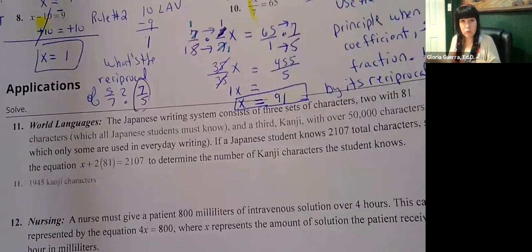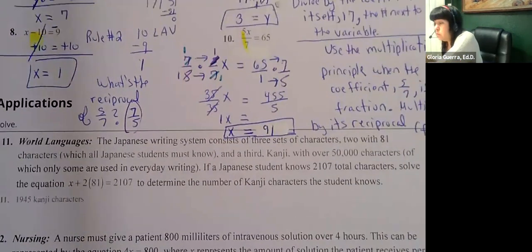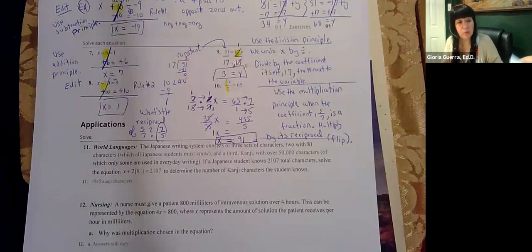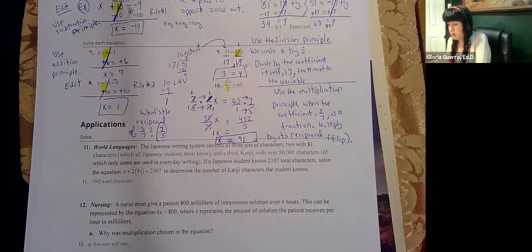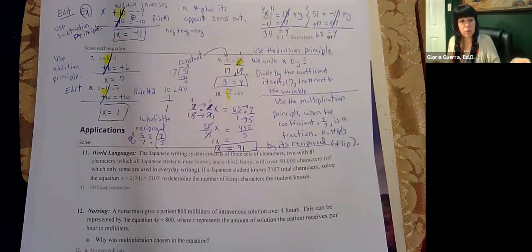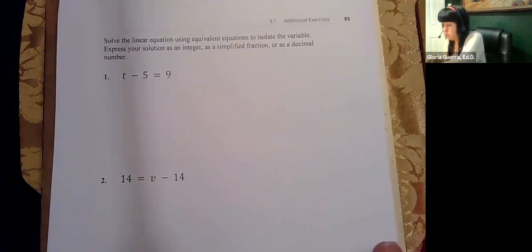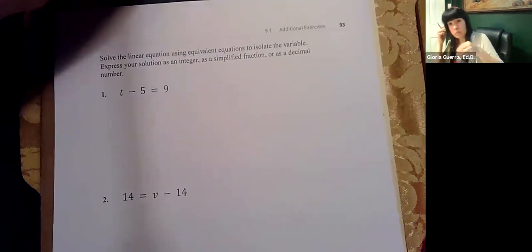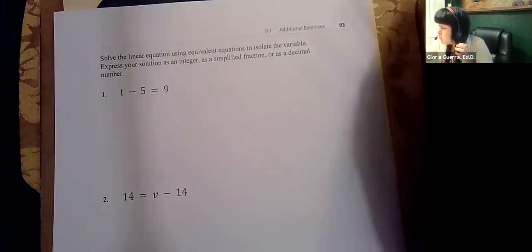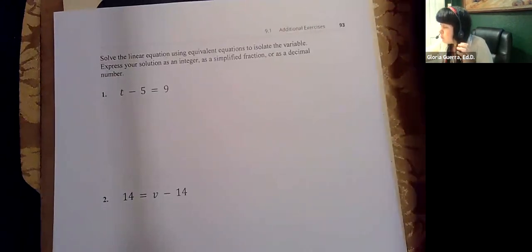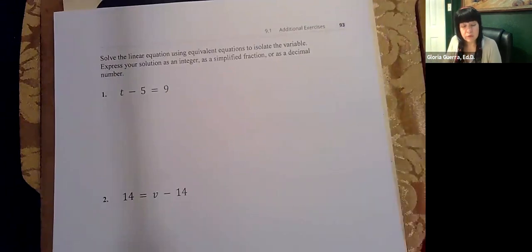Okay, so now we're going to go to the ones that the math department made. It's these. All right, so it says solve a linear equation using equivalent equations to isolate the variable.